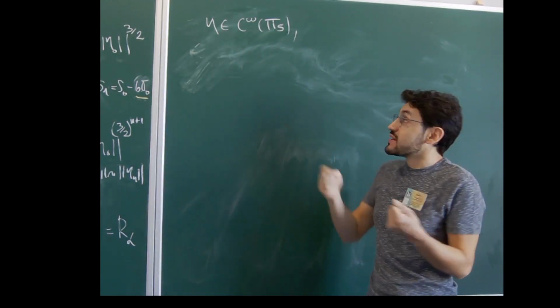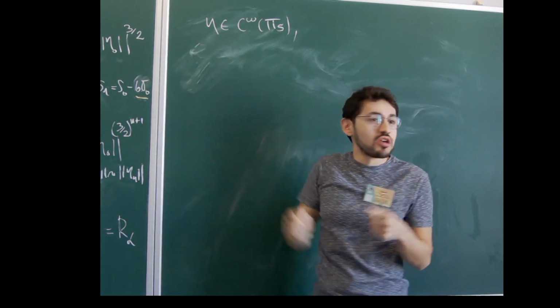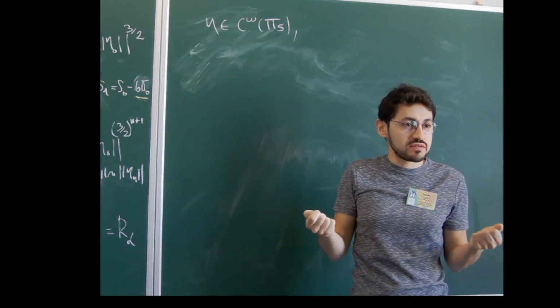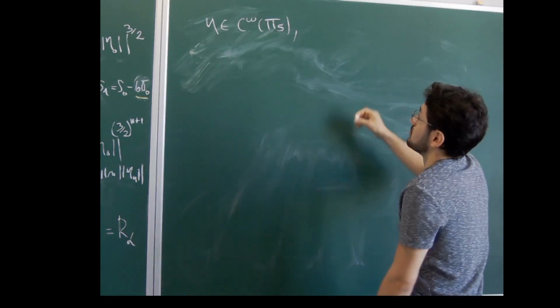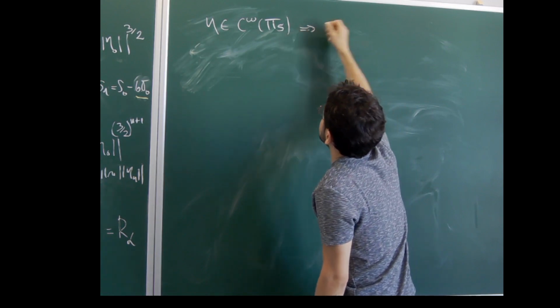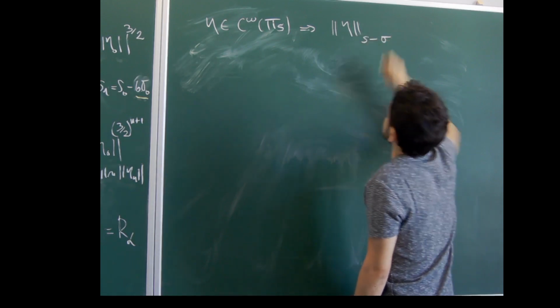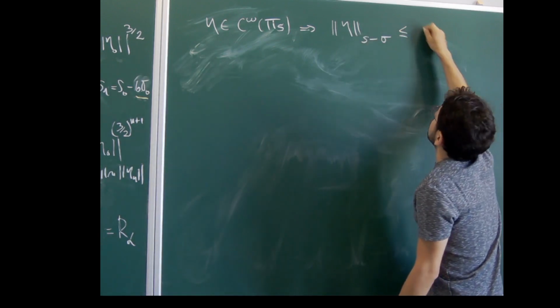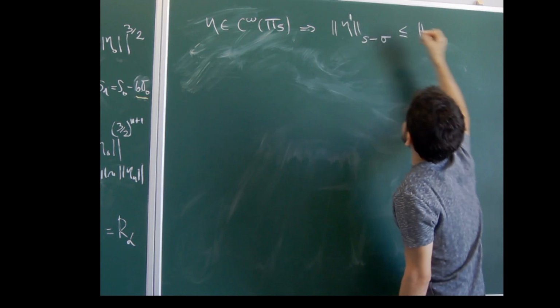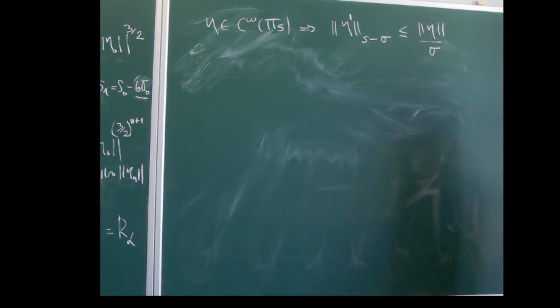But this is where being analytic is so good, because if you have a control here, using the Cauchy formula, you can bound the derivatives. But there is a price to pay. So if you use the Cauchy formula, then you can say, for example, that if you make your domain smaller, then the derivative has something like this, if I'm not mistaken.